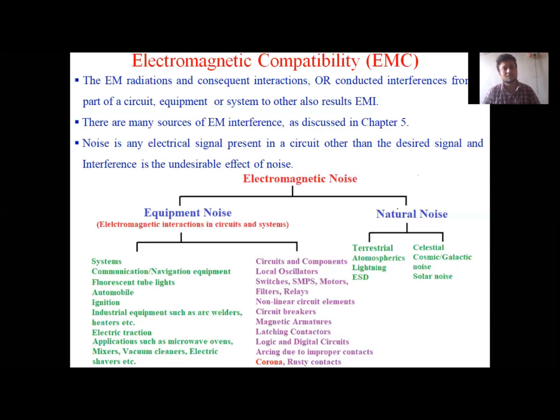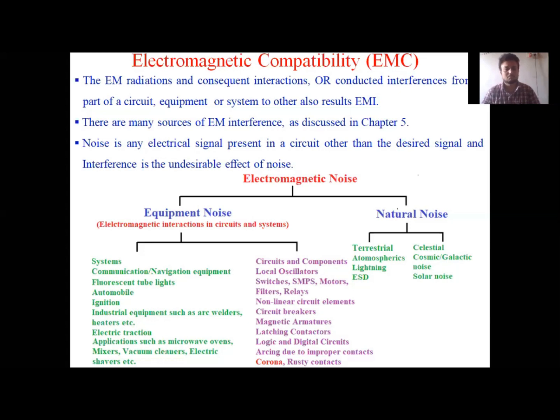Now, what are the sources of this electromagnetic interference, so-called noise? There are many sources. However, the sources of electromagnetic interference or noise can be broadly classified into two types: natural noise and man-made noise. What is man-made noise? This man-made noise is nothing but the devices which generate electromagnetic interference or noise, which are man-made.